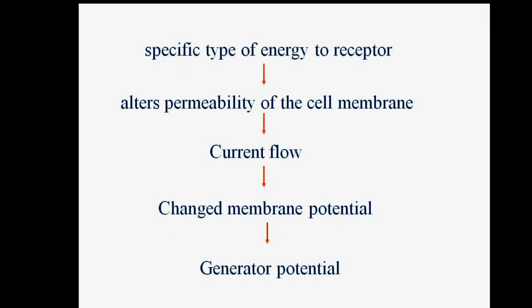The specific type of energy acts on the receptor, which alters the permeability of the cell membrane, which creates current flow, which causes changes in membrane potential, and the changes in membrane potential create the generator potential. This is an excellent simple graphical presentation that explains the basic mechanism of sensory receptors.